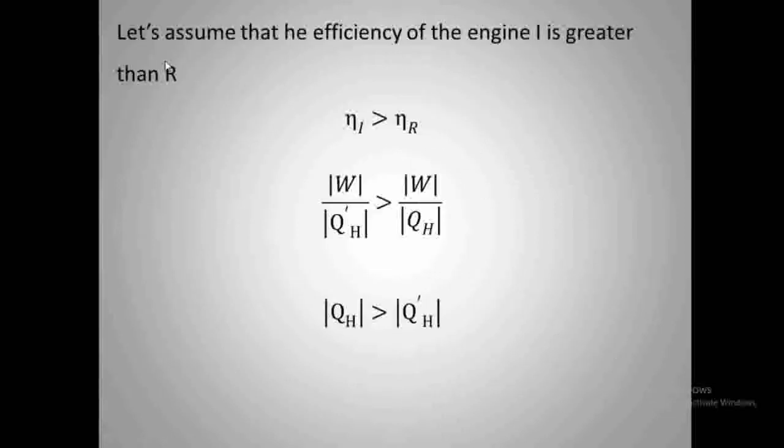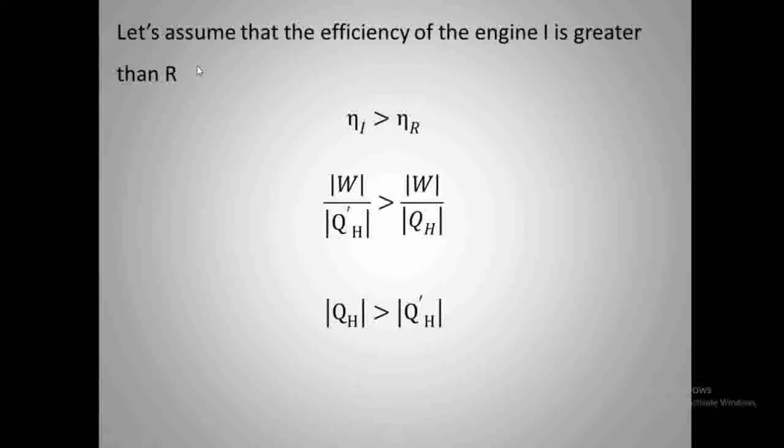First we have to consider our statement: the efficiency of a Carnot engine is more than that of any given engine working between the same two reservoirs. Now we are considering a statement that is against Carnot's theorem. Carnot's theorem states that a Carnot engine working between two reservoirs is more efficient than any engine working between the same two reservoirs.